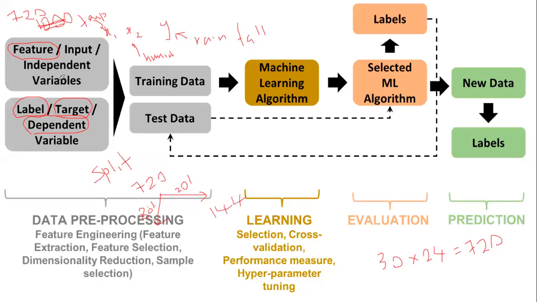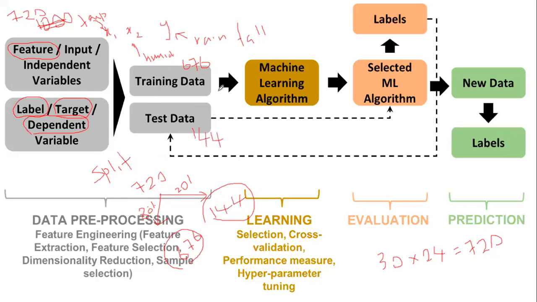The rest is about 576. So we split it into two groups. One group has 576 data points, the other group has 144. We use the 576 as training data, and the other one, 144, as test data.